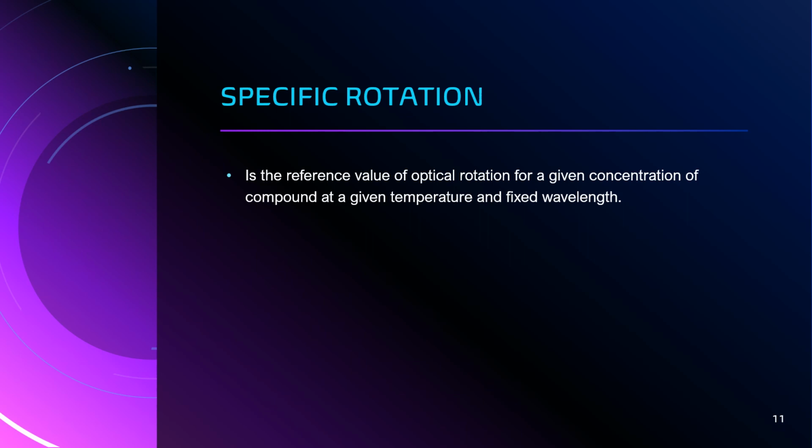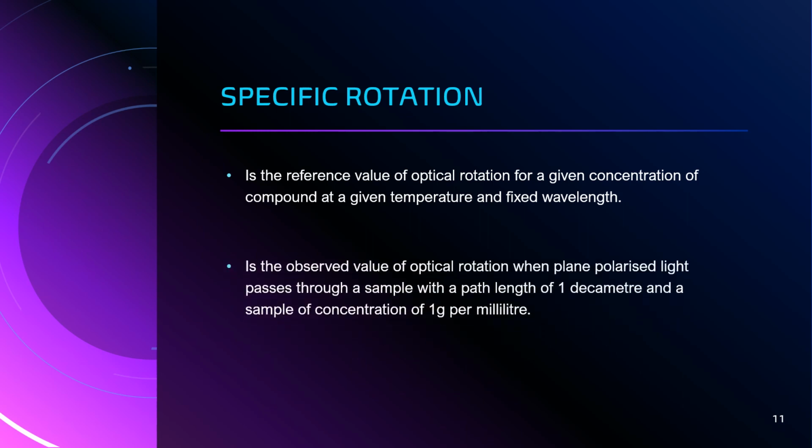Suppose we are providing a light with a fixed wavelength and the temperature is also fixed, then how much rotation happened, that reference value is said to be the specific rotation, and it is the observed value of optical rotation when a plane polarized light passes through a sample with a path length of 1 decimeter and a sample concentration of 1 gram per milliliter.